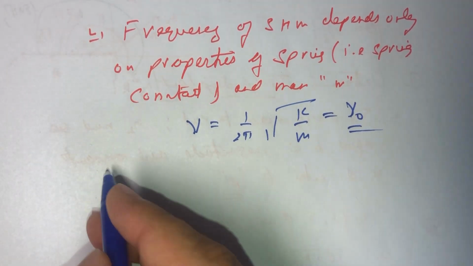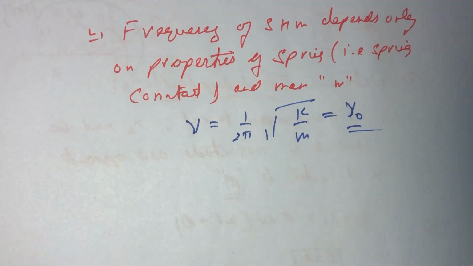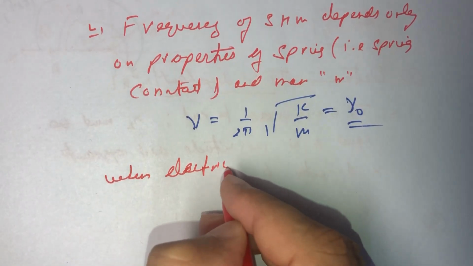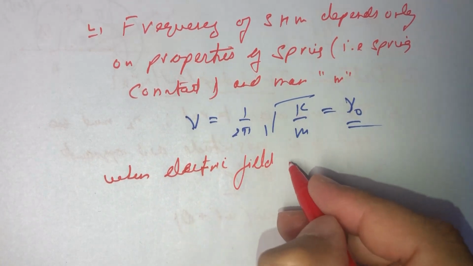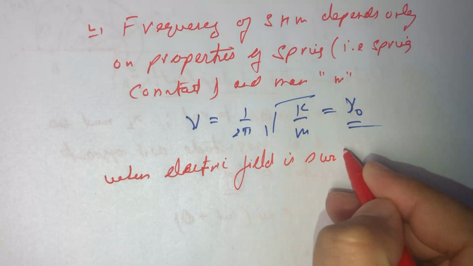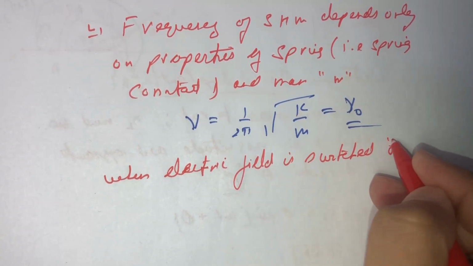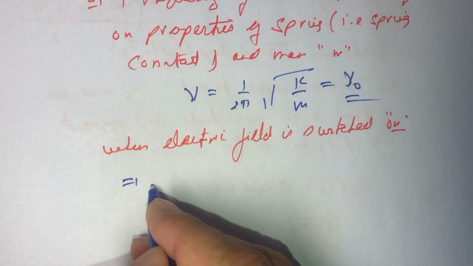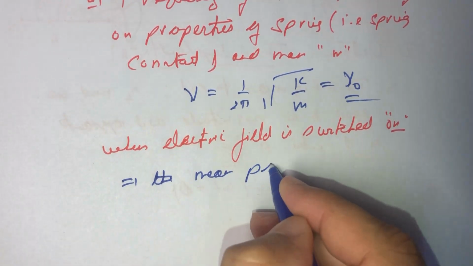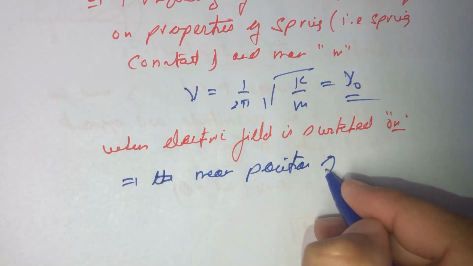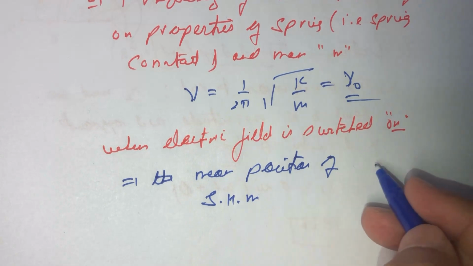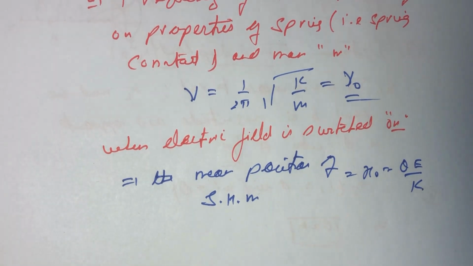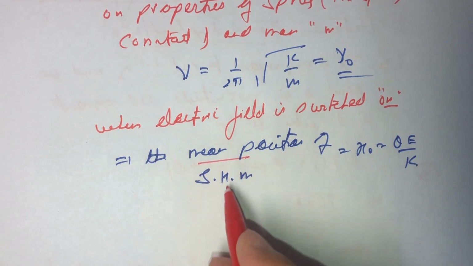So we can write that when the electric field is switched on, the mean position of the SHM is given as x naught, which is equal to QE divided by K, and it means it is at the new mean position.